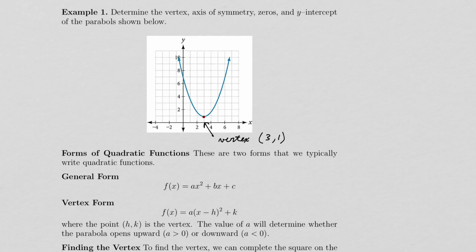The y-intercept is where the parabola crosses the y-axis, so that's this point right here. Right, so this is the y-intercept, and it has coordinates 0, 7. In this case, again, because the parabola does not cross the x-axis, there's no x-intercepts.